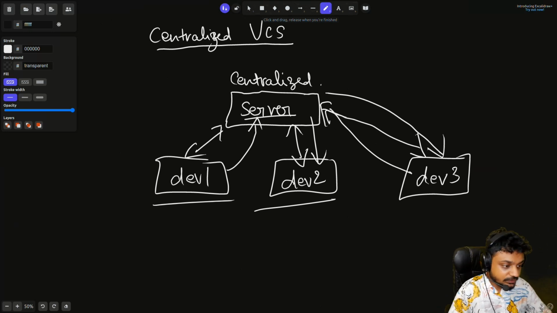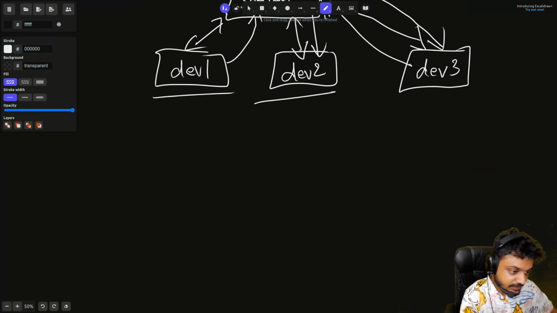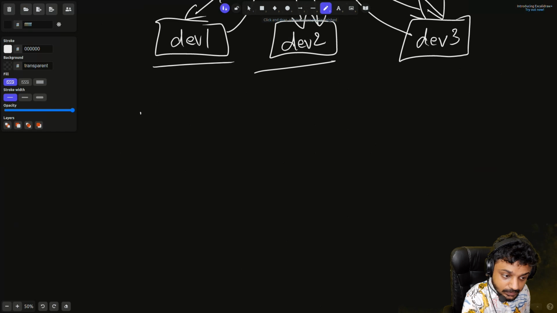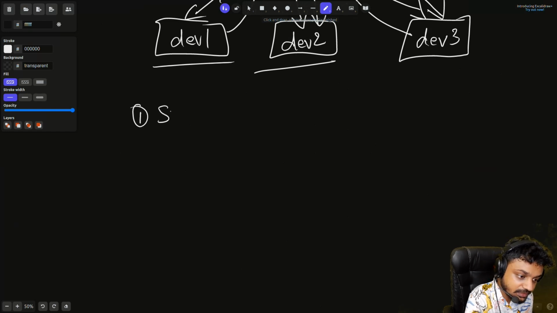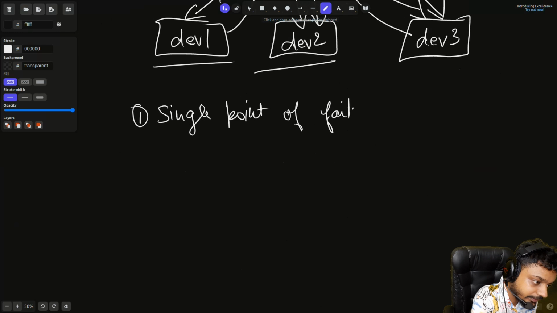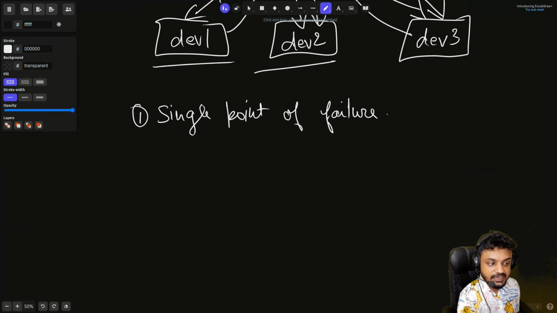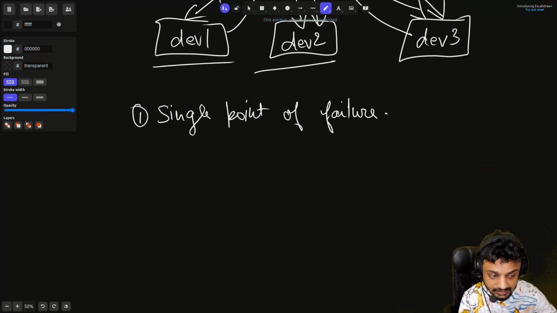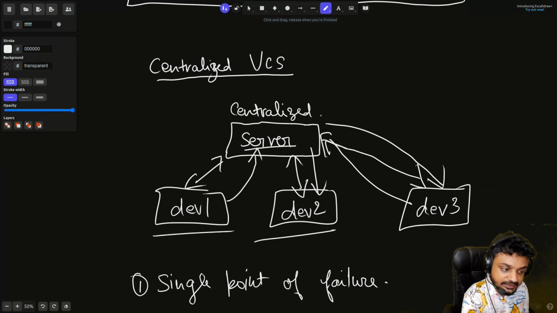Okay, so talking about the downsides of this system, the first downside was that it had a single point of failure. The reason being that this is the server.